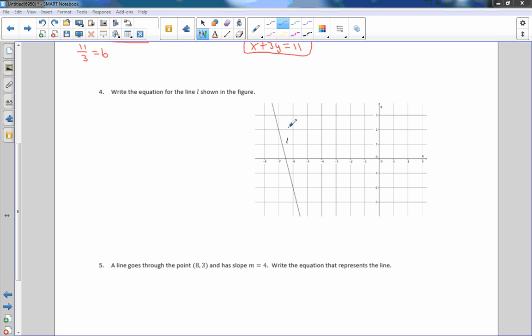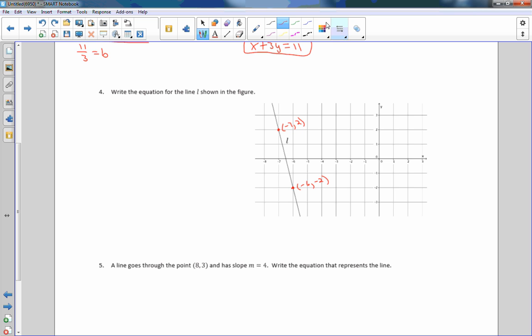Okay, so again, we're going to write the equation for the line L shown in the figure. And we do not know where it's crossing the y-axis. It's way down here somewhere, so I don't know what b is. But I do have an integer point right here, and we do have an integer point right here. This is the point negative 7, 2. And this is the point negative 6, negative 2.